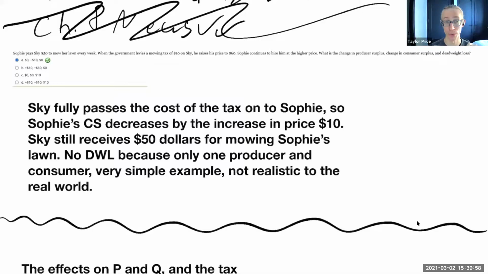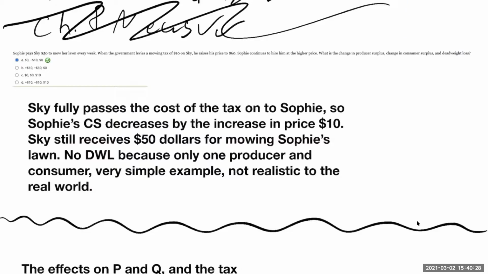His producer surplus stays the same. Consumer surplus, on the other hand, decreases because Sophie is now effectively paying $10 more for the service. And there's no deadweight loss because there's only one producer and one consumer. So there's no decrease in quantity in this example. Very simple example, but good to think about.